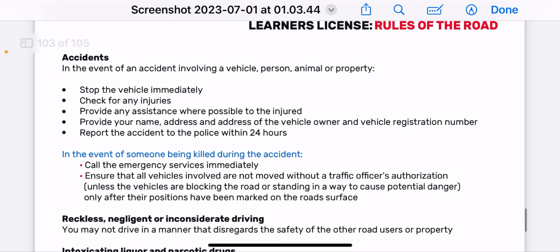And now we're getting to the last part on the rules of the road: accidents. Okay.